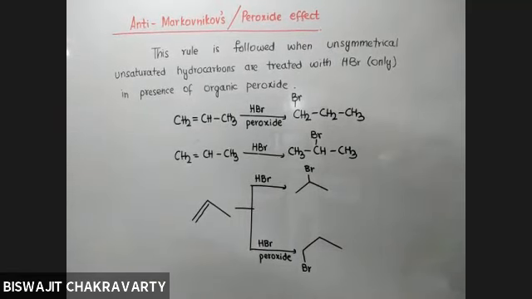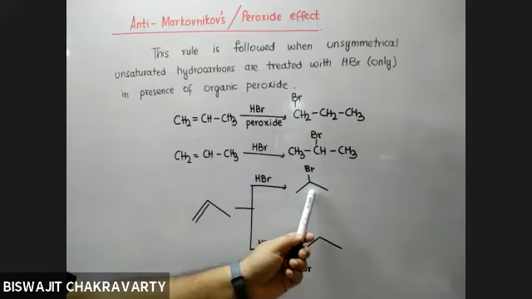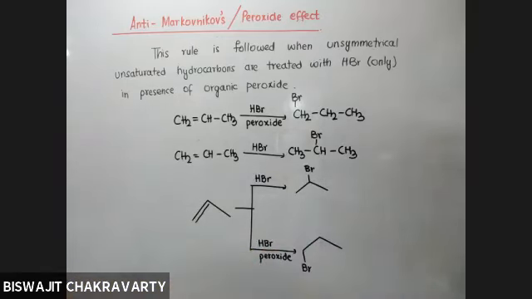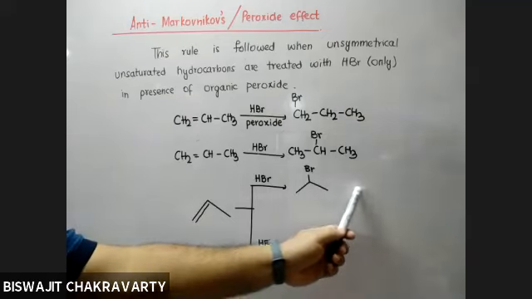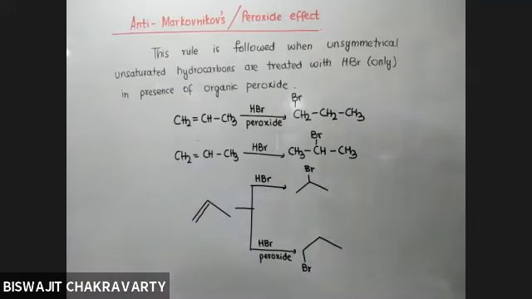Now, what will happen if I treat KCN to this? Where will the CN be developing? What happens when alkyl halides are treated with potassium cyanide?